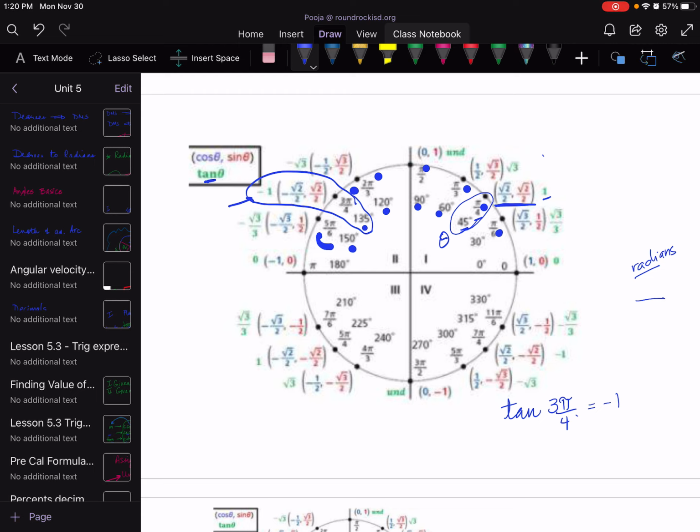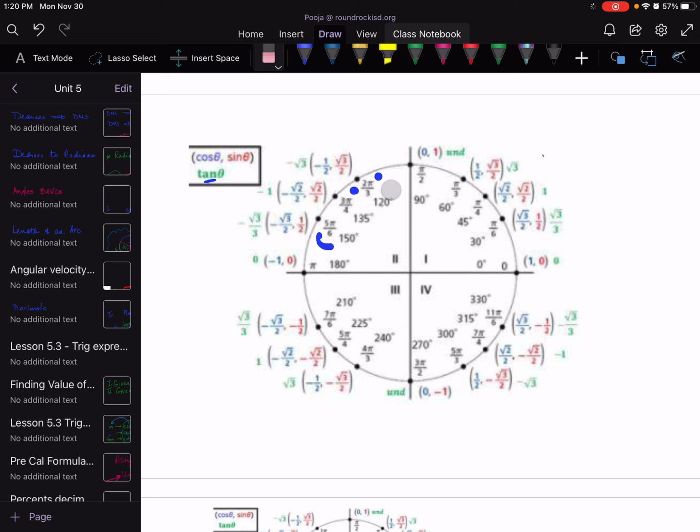Moving on, how is all this associated with the sine? If I take theta and graph it with respect to the sine value, I will end up with the sine graph. What do I mean by that? For example, let's say this is your x and y axis.